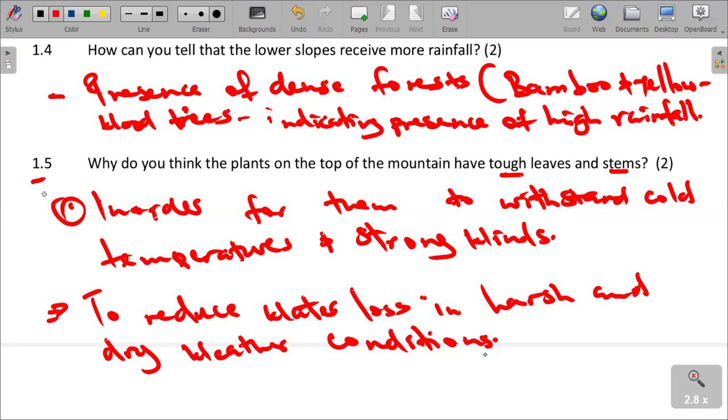You need to be able to understand and apply theoretical questions to practical scenarios. Like you can see, trees on top of mountains have tough leaves and stems. What is the reason for that? The higher you go, the cooler it becomes, so there are cold temperatures and also strong winds on top of the mountains. Hence, they need to have such characteristics.